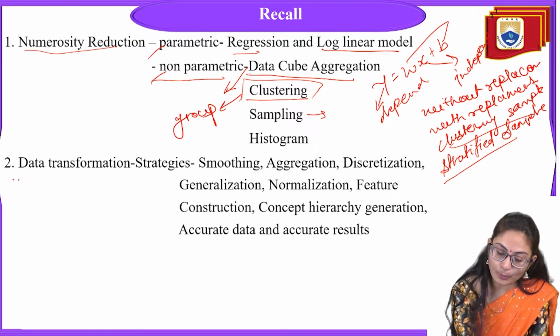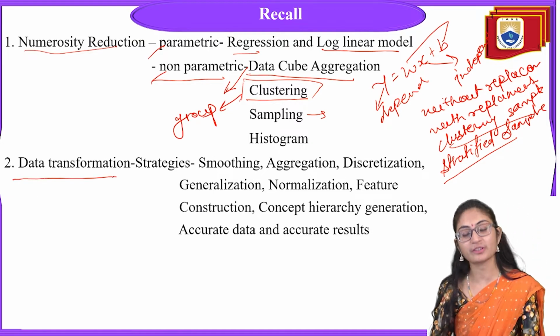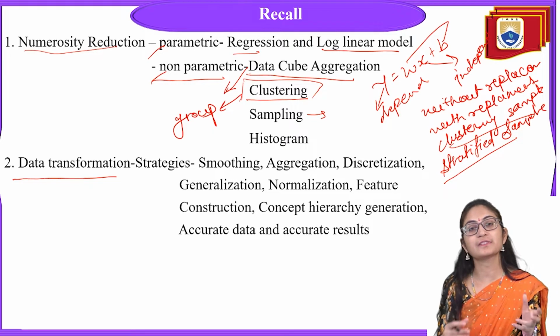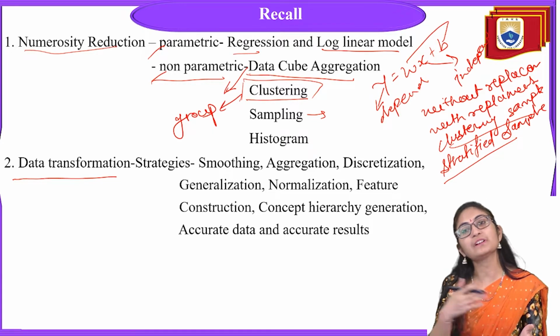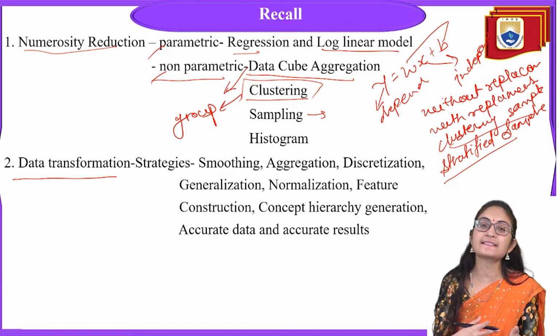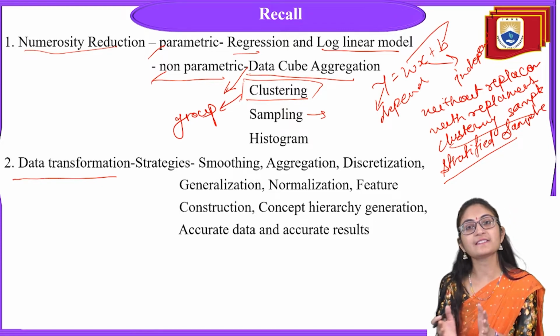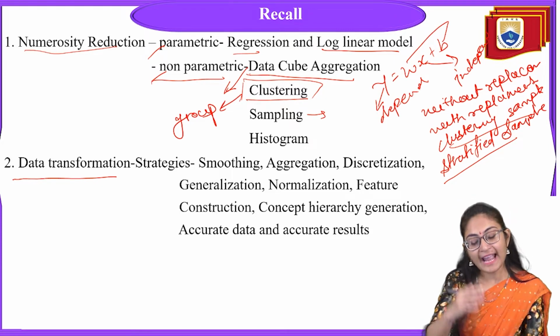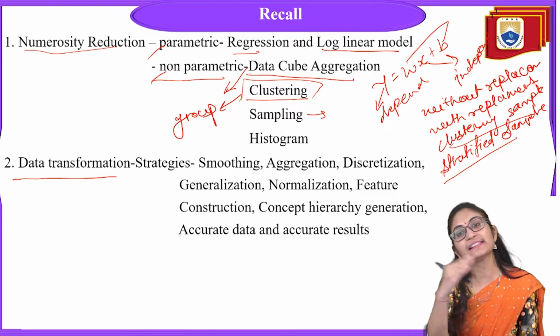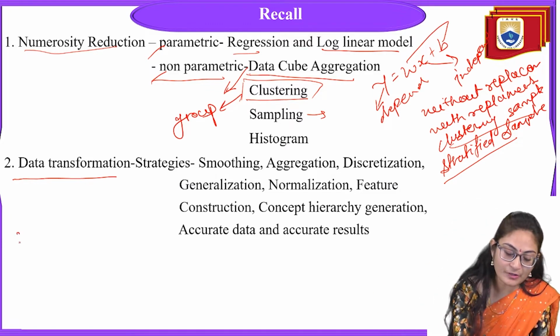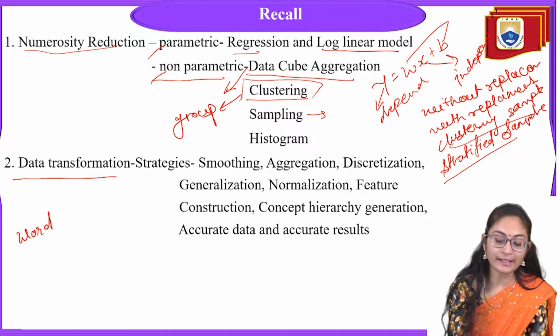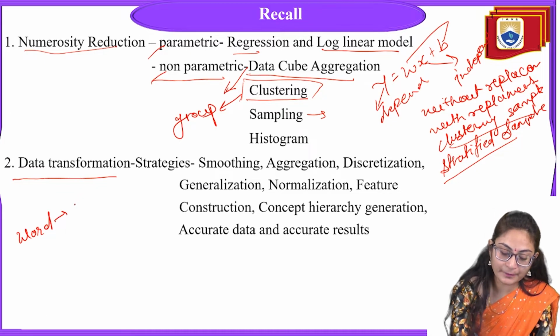Now, the next topic was data transformation, which is used to transfer the data from one form to another form. For example, if we have written a document in Word and we store that document in PDF format, that means we are converting the Word into PDF.